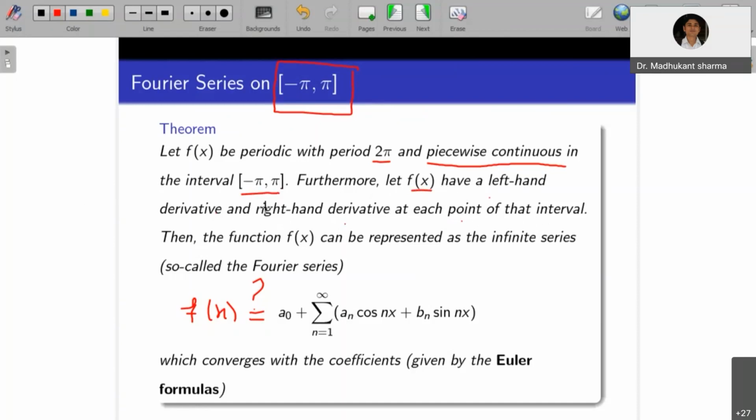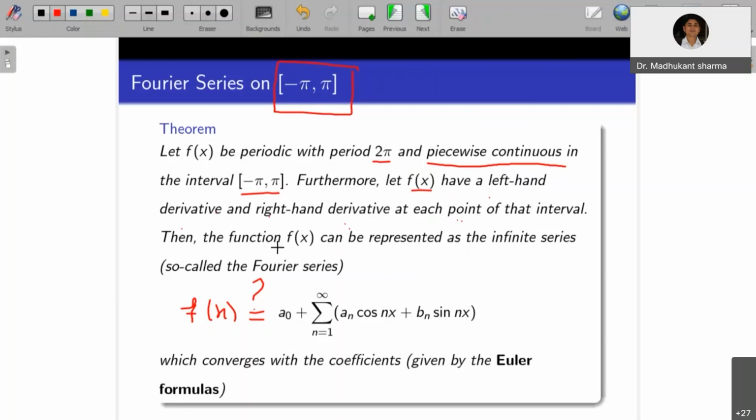If the left-hand derivative and right-hand derivative are equal, then it is differentiable. Otherwise, not differentiable, right? So these conditions need to be verified.